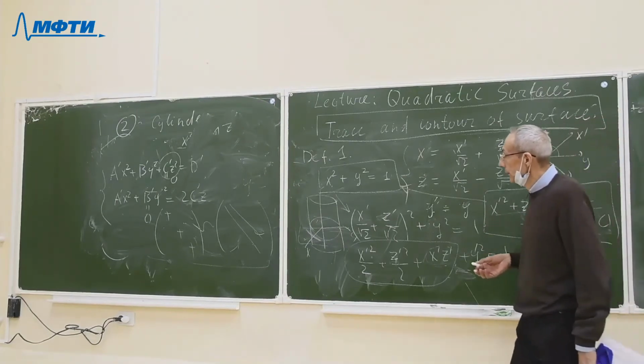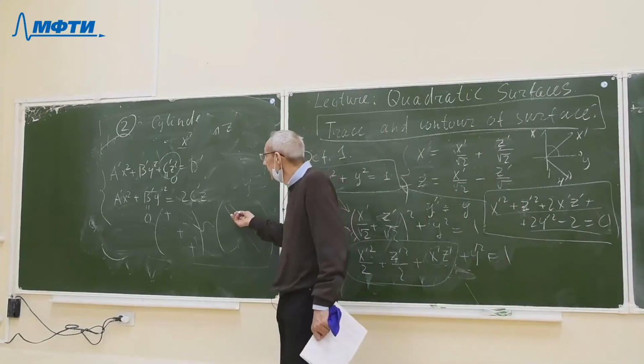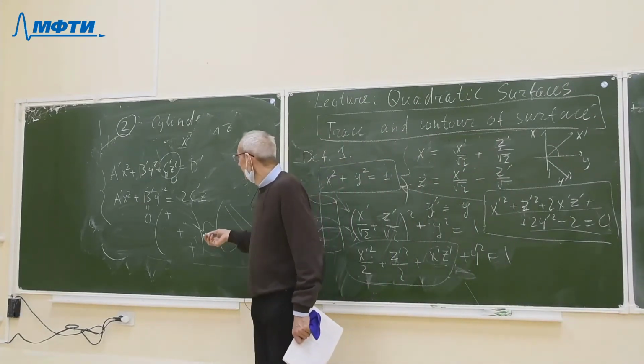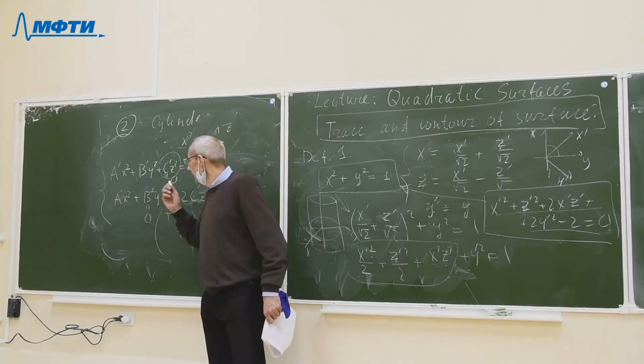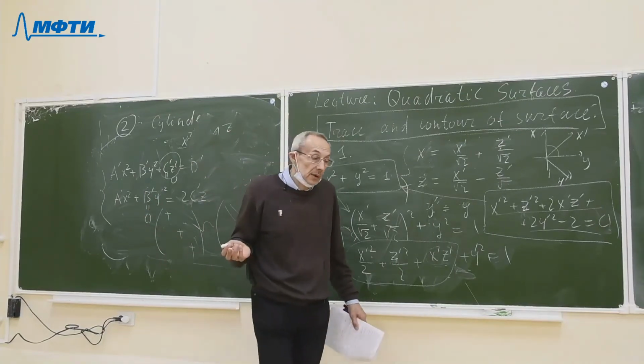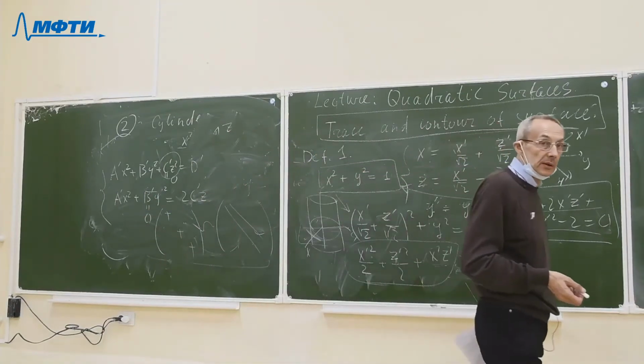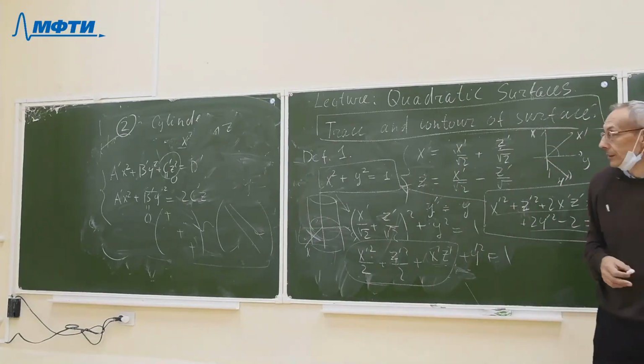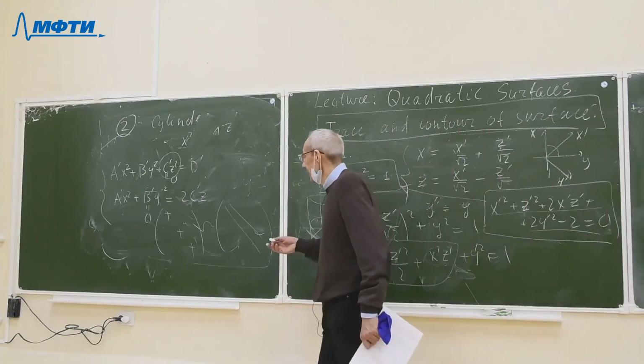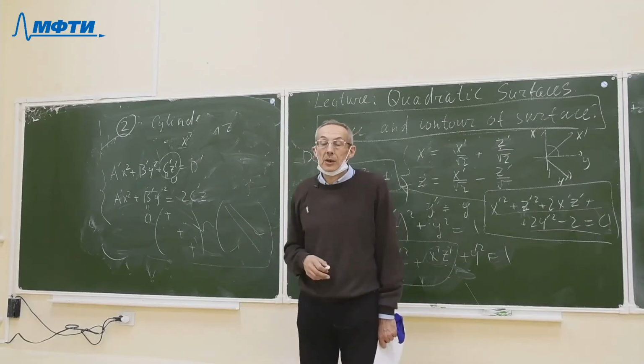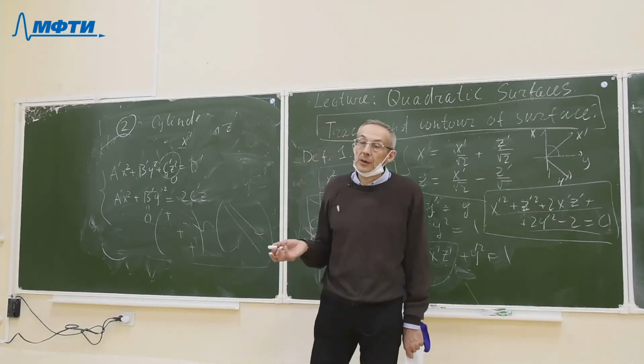But if the determinant is equal to 0, we can obtain, for example, a parabolic surface, and we can obtain a cylinder. And if we consider other invariants of our form, we can check whether we have a cylinder or not.